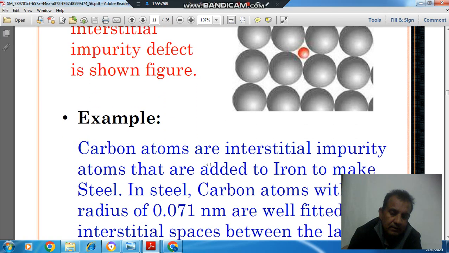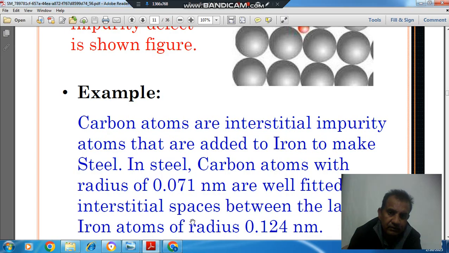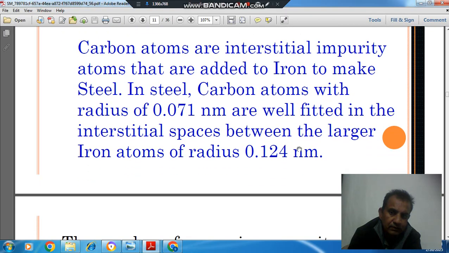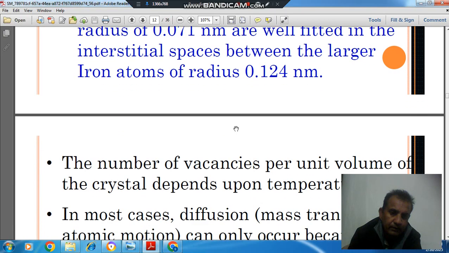Examples are: carbon atoms are interstitial impurity atoms that are added to iron to make steel. In steel, carbon atoms with radius of 0.071 nanometer are well fitted in the interstitial spaces between the larger iron atoms of radius 0.124 nanometer.